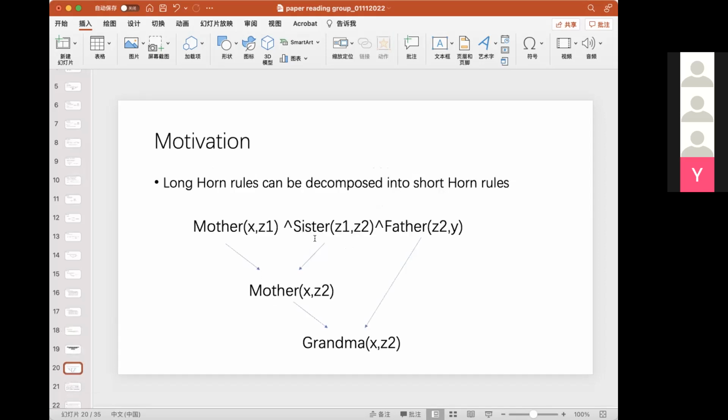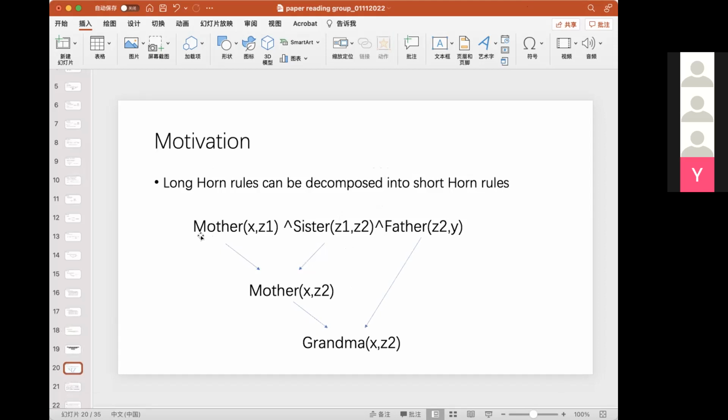The motivation of this paper is that a long-hop rule can essentially be decomposed into short-hop rules. Here is an example.